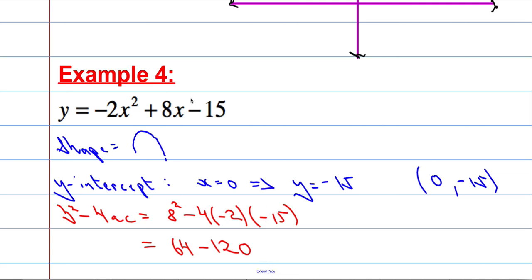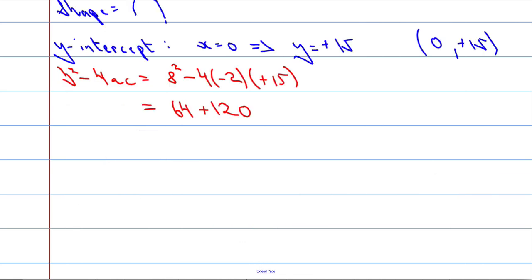You know, I'm going to make a very, very quick change to this problem because I don't want another one that has no solutions. I'm going to change this to a plus. Let's make that plus, which means that that is positive, which will make this positive. So we get 64 and 120, which is going to give me 184.